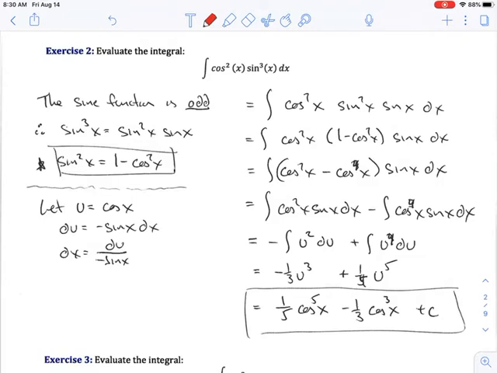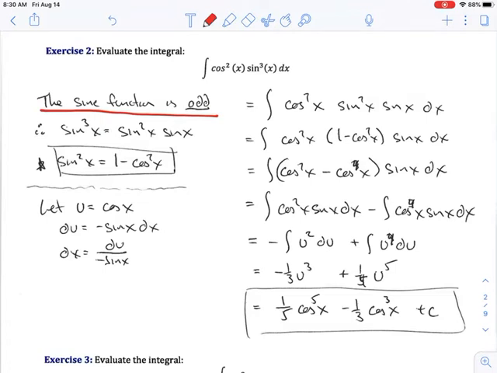And that makes it much more complicated. So what we want to be looking for is an odd power of either sine or cosine, okay? An odd power of sine or cosine. In this particular case, we have an odd power of sine, sine to the third.